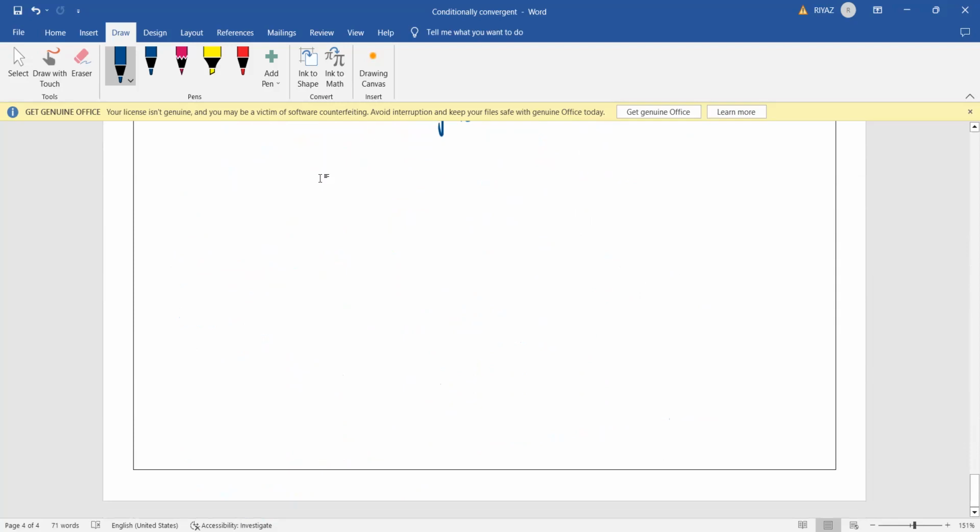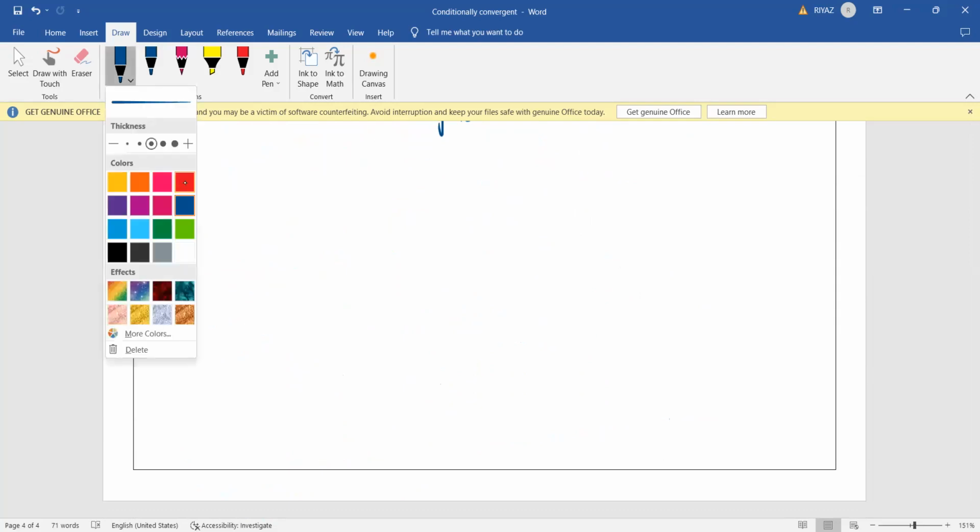So here now I will write the definition of conditionally convergent and absolutely convergent. See here, first of all, absolutely convergent.